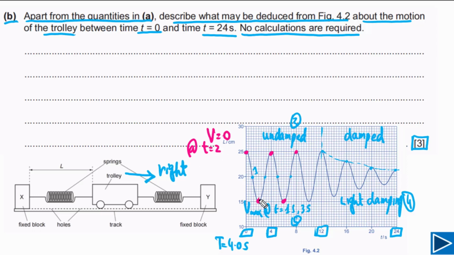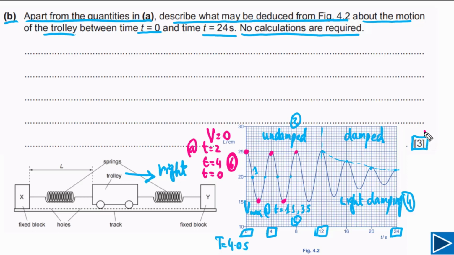Initially it started from rest, so you can also mention that point. We can also say the trolley is stationary when t is equal to 4 seconds, and even at t is equal to 0, and so on. So you can see we can deduce about 6 points about the motion of the trolley from this graph.